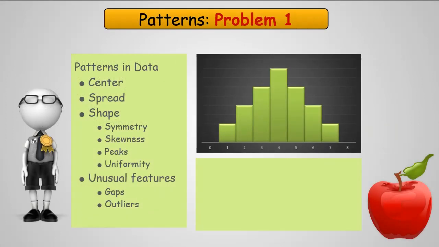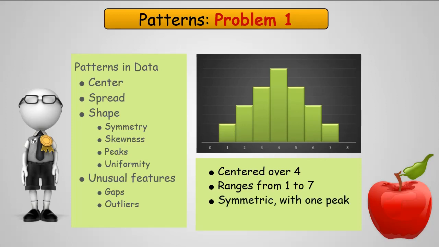So let's look at what I can identify from this chart right now. I can see that it's centered over 4, that the range is from 1 to 7, that it's symmetric with a single peak, and that it is bell-shaped or a normal distribution.